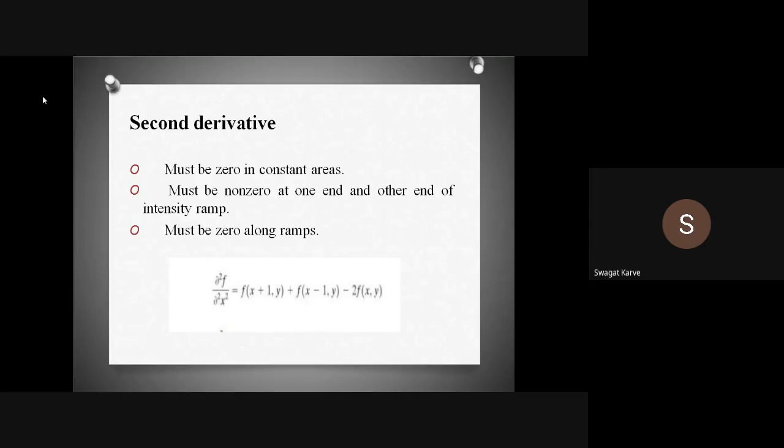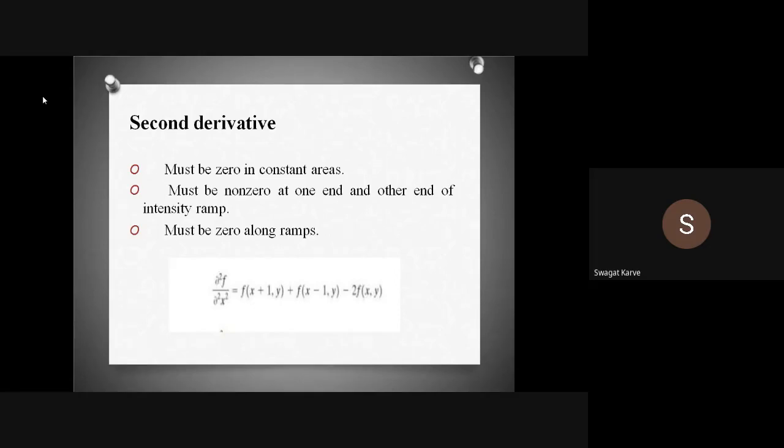It must be non-zero at the onset and end of the intensity ramp, and it must be zero along the entire ramp. These are the necessary conditions to design the Laplacian operator filter or second order derivative filter. It is actually a linear operator that is used for image sharpening.